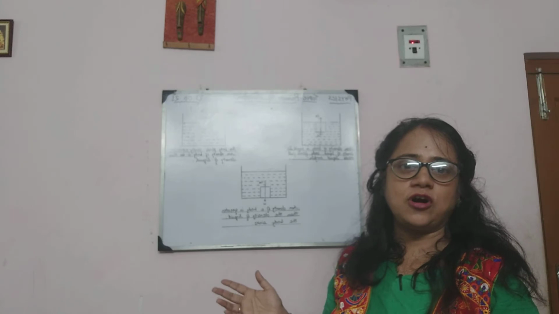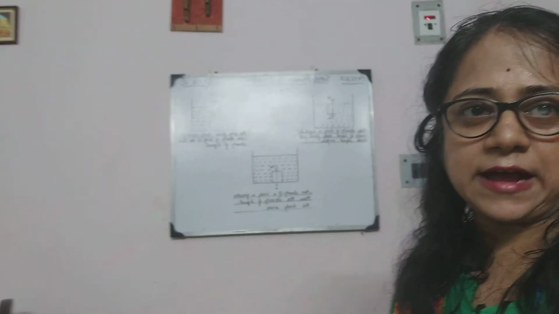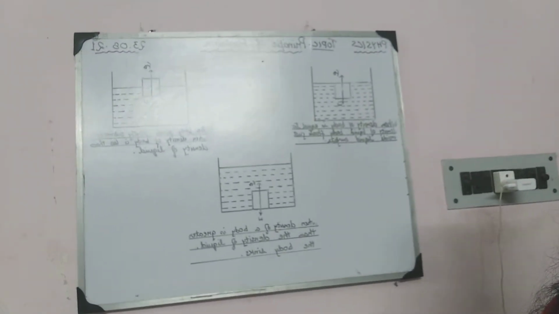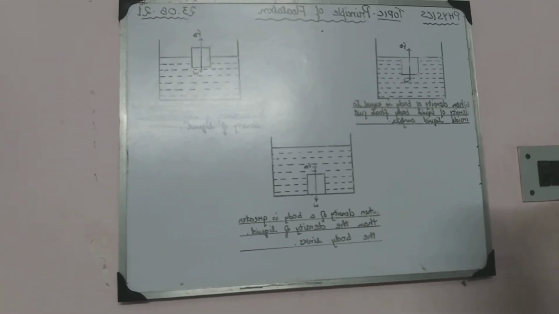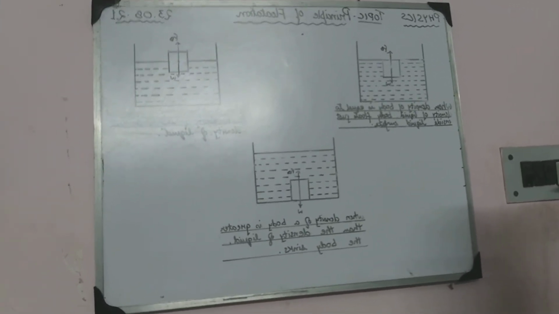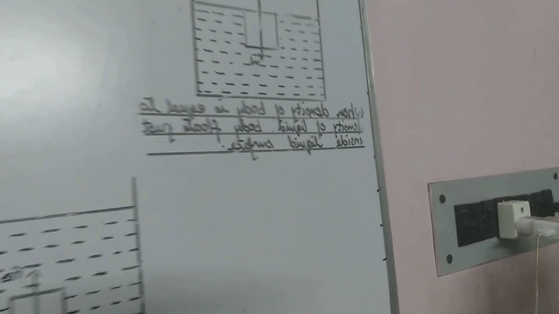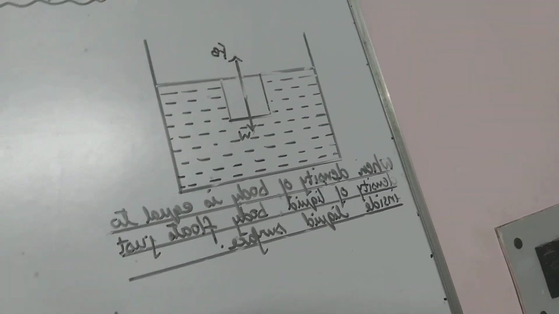I have drawn the diagram, and if you want to have a closer look, I can bring the mobile phone closer to my whiteboard. You can see the diagrams I have drawn. I am bringing it closer to the first diagram. You can see this diagram. This is the first case.